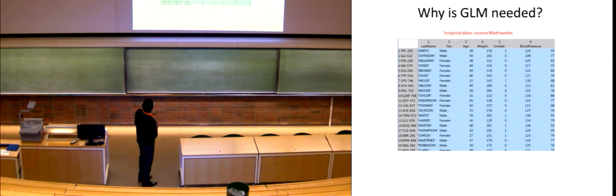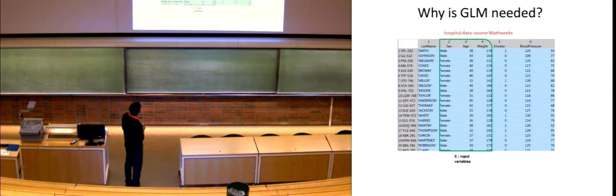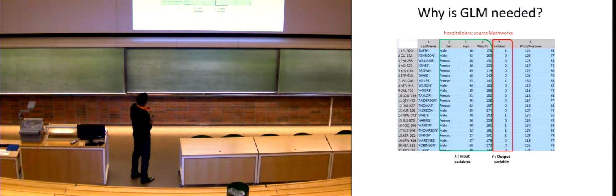Okay, so why is the generalized linear model needed, right? Just take the same example where my input variables are gender, age, weight, but instead of blood pressure, which is a continuous variable, now my output variable is smoker, right? Whether or not a person smokes, I want to predict the smoking habit based on these input variables. So how do I do that?